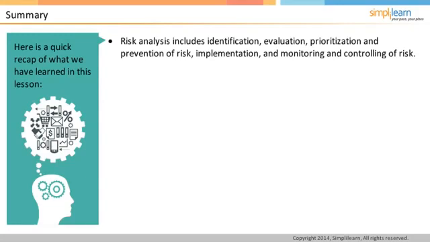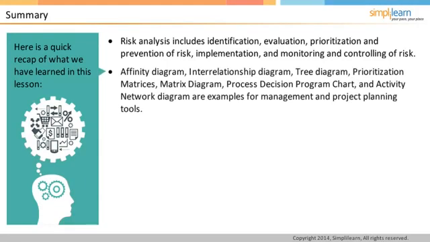Affinity diagram, interrelationship diagram, tree diagram, prioritization matrices, matrix diagram, process decision program chart, and activity network diagram are examples for management and project planning tools.